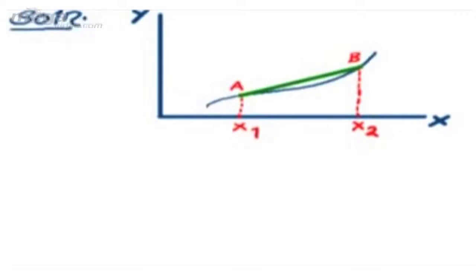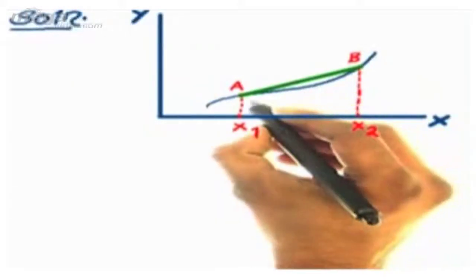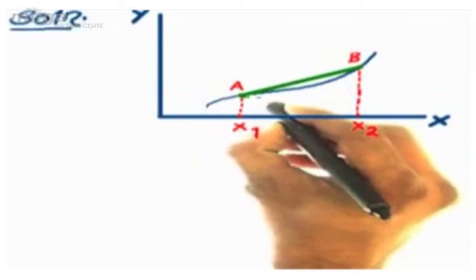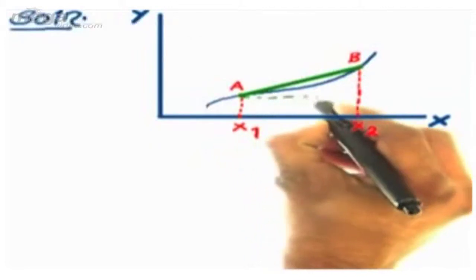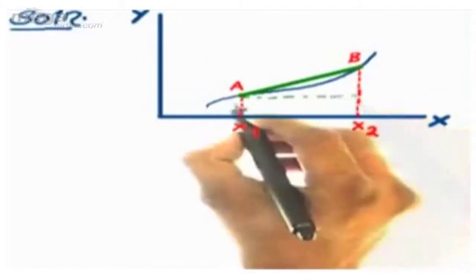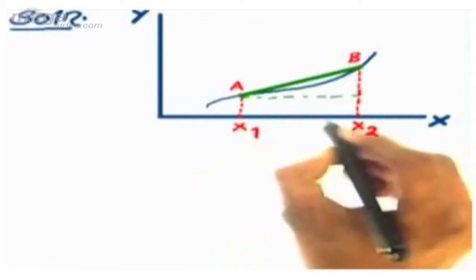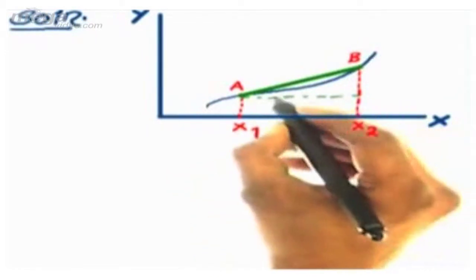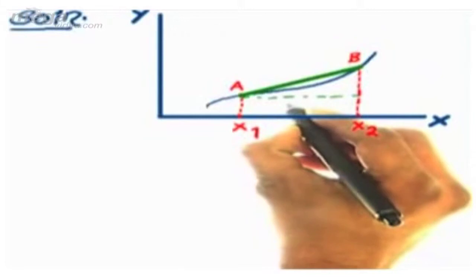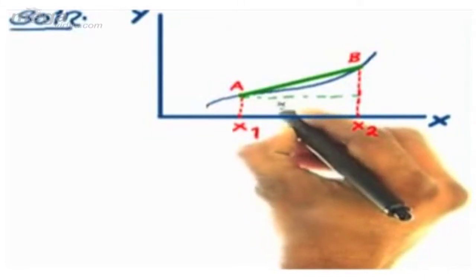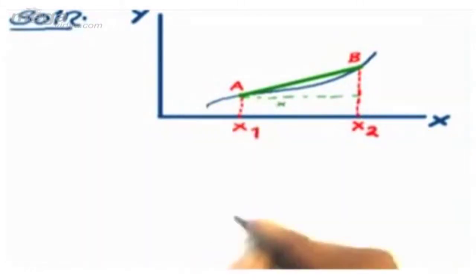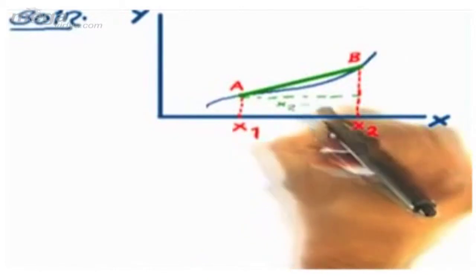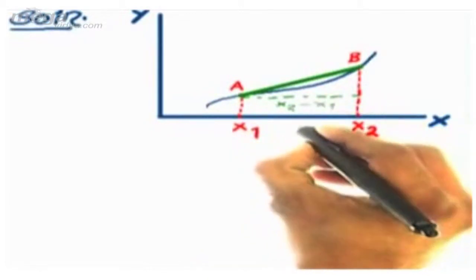Here we can get this displacement AB by using the Pythagoras theorem. The distance between the x coordinates of these two positions we can write as x2 minus x1.